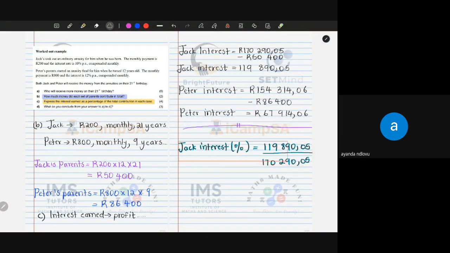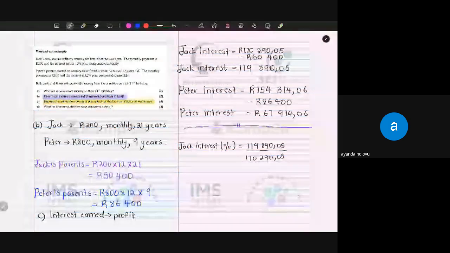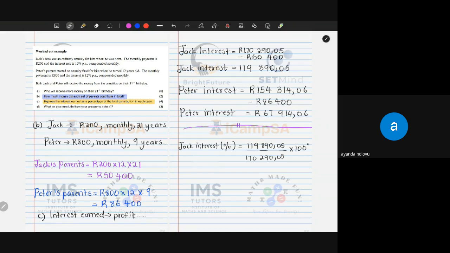Anyone, guys, please give us the answer. What is the answer you are getting? 70.40%. On point. So that is Jack. So done and dusted. I'm sure Jack is very happy.